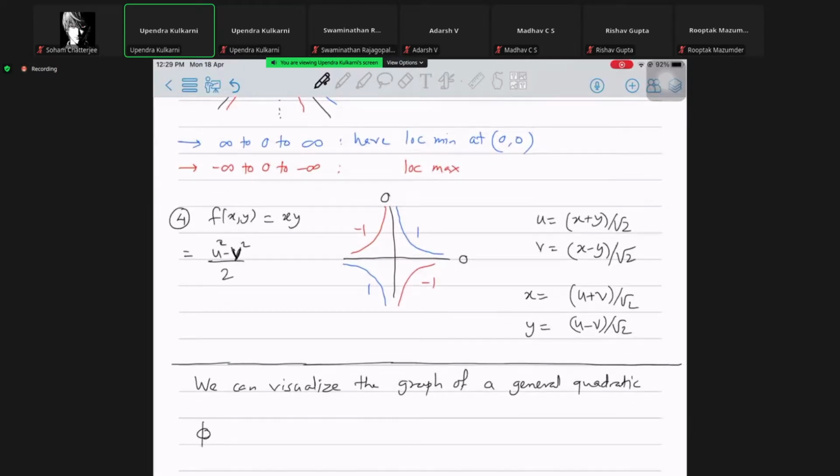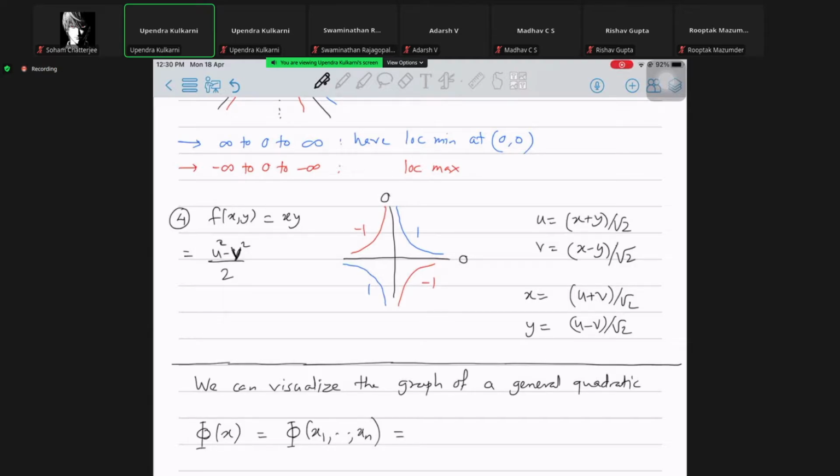Let's use yesterday's notation. Phi of x, which is really phi of x1 up to xn. So remember, we had ai times xi square, plus there was a matrix of AIs, right?